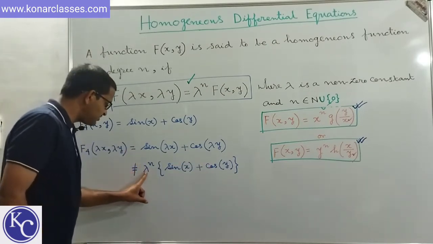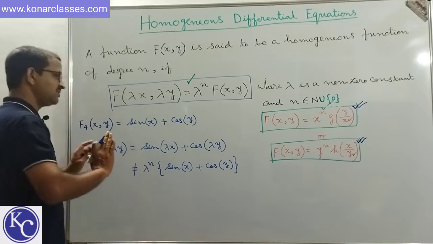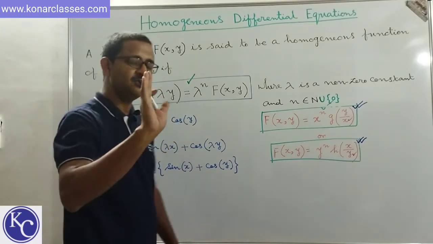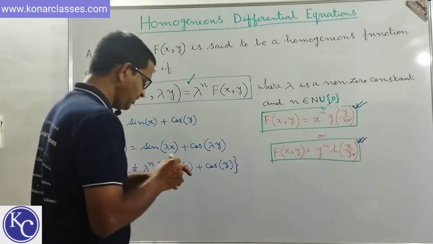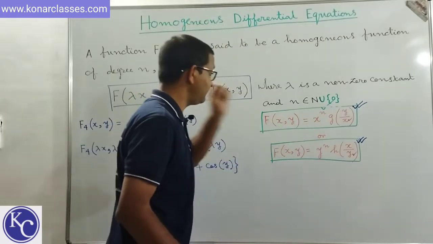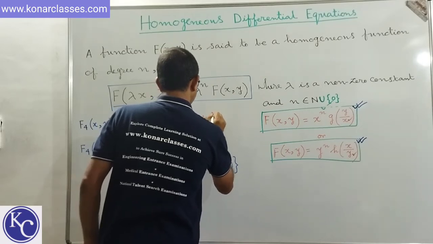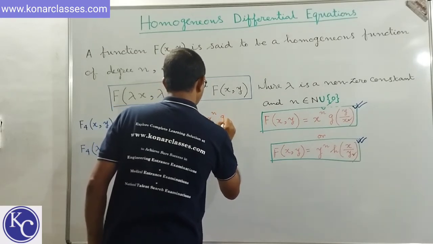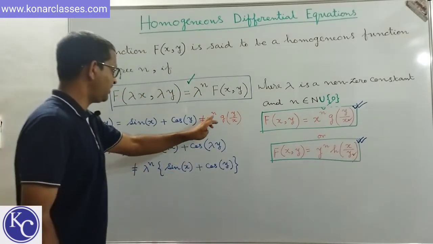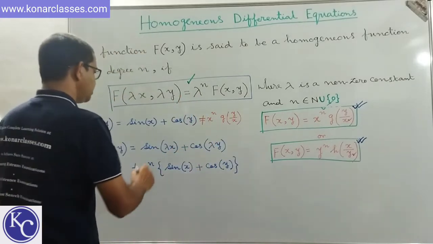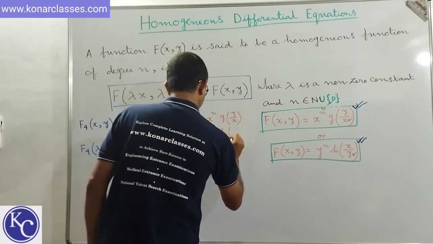As we are not able to express it, we can say this function sin x plus cos y is not a homogeneous function. In a similar manner, if we try to use the other definition, we cannot express this as x to the power n into a function of y by x, where n is 0 or any natural number. Similarly, we cannot express this as y to the power n into h(x by y).